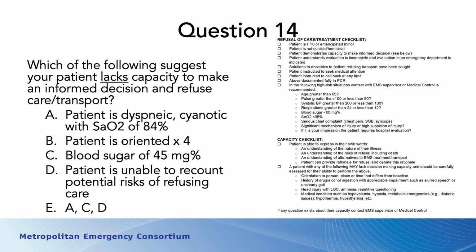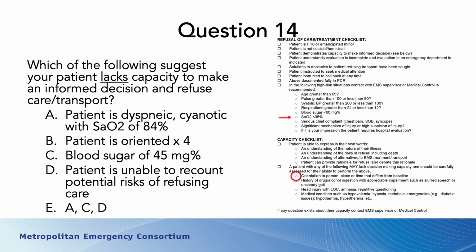Thank you. Chief Weber is a fan of checklists, and I kind of like checklists in some ways. If you look at the checklist that we have available in the protocol, we talk about an O2 sat of less than 95%. It's not an absolute criterion, but it suggests that the patient may lack capacity.